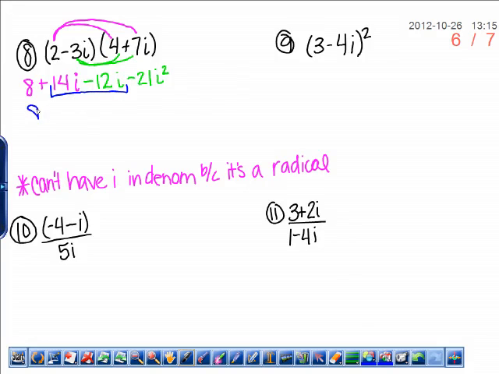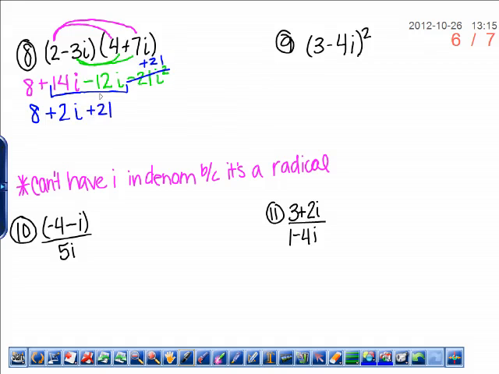So I would get plus 2i. And then minus 21i squared. Well, that i squared is negative 1. So minus 21 times negative 1 becomes plus 21.